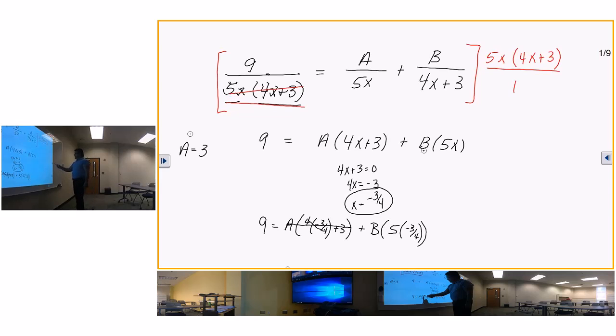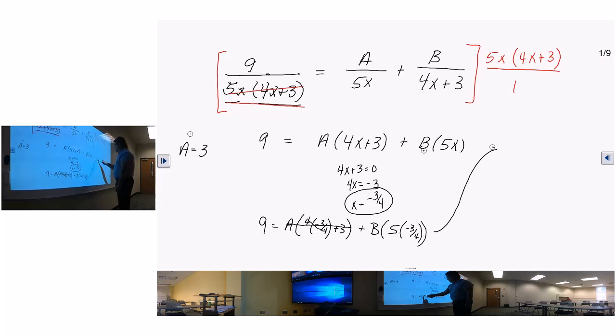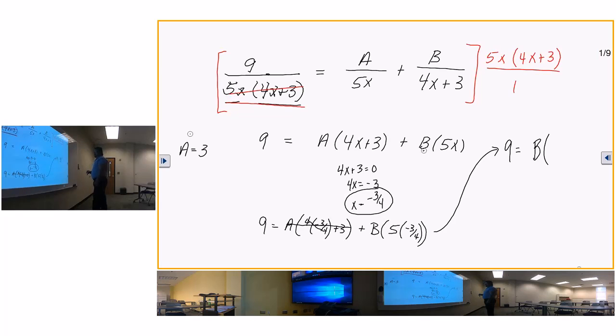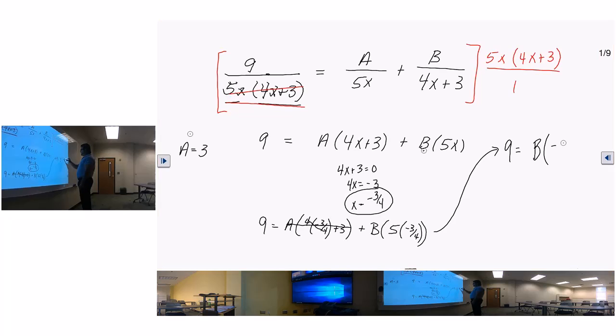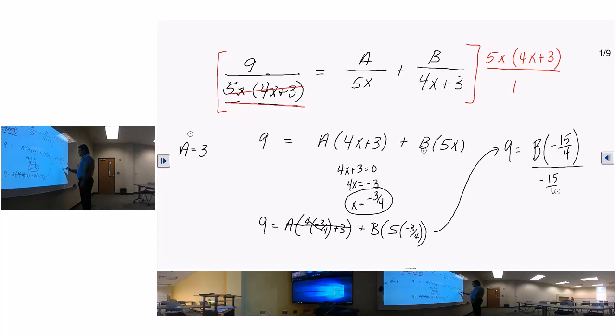And now we get 9 is equal to B times, well, that's negative 15/4, and I'm going to divide by negative 15/4.